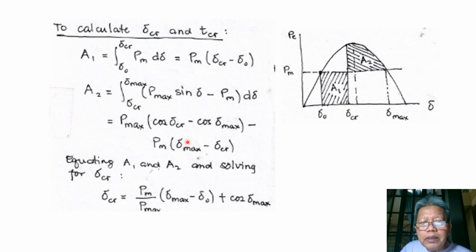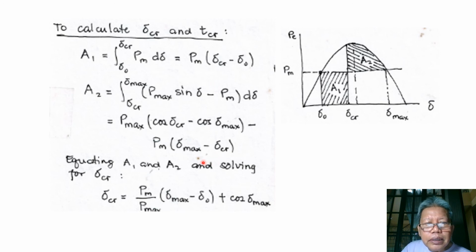So when we substitute the limits, integral of sine is minus cosine, so we have P max times cosine of delta CR minus cosine of delta max, and then minus the integral of PM d delta evaluated from delta CR to delta max, so we just have PM times delta max minus delta CR.